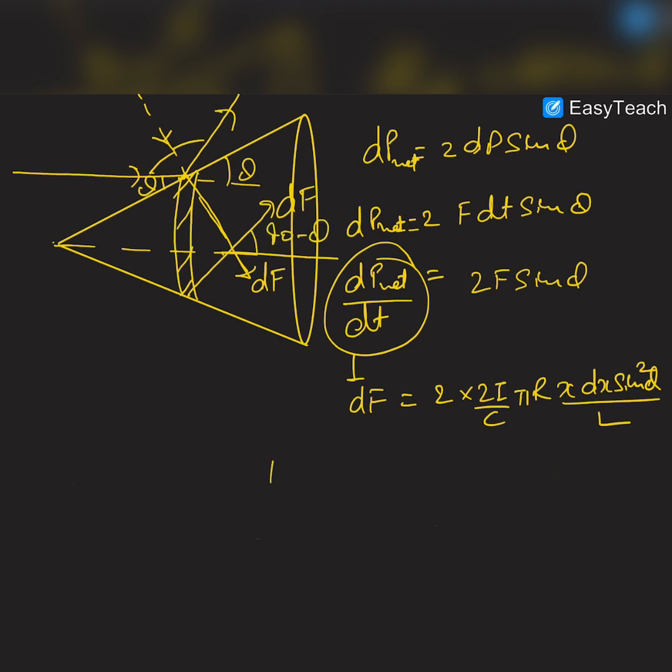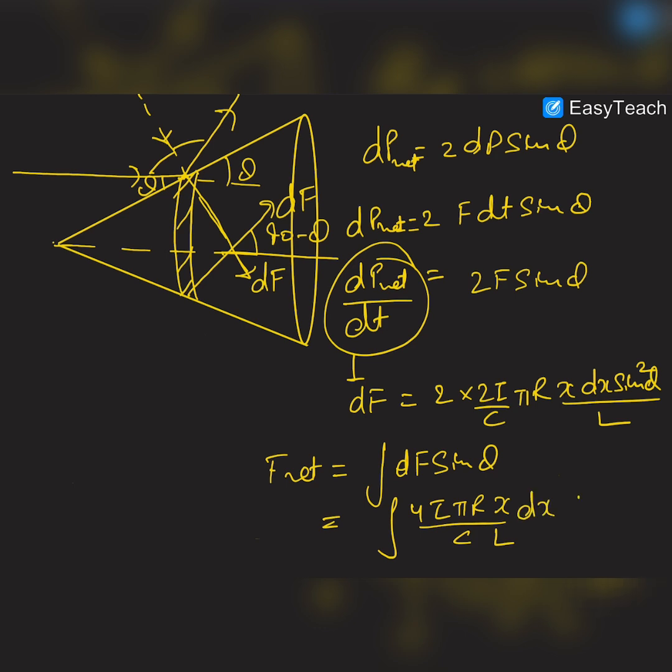So the net force acting on the cone will be the integration of dF sin theta. So it would be equal to 4I pi r x by c, and this is L, dx and sin cube theta.